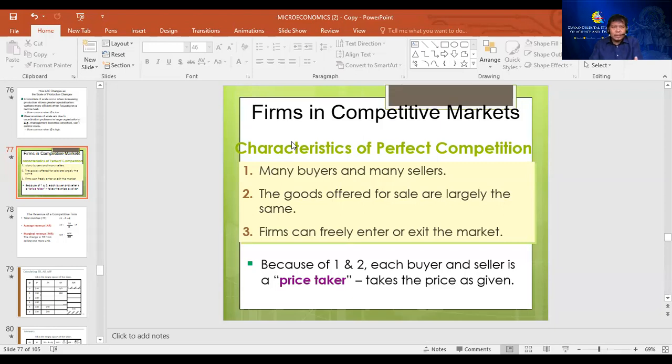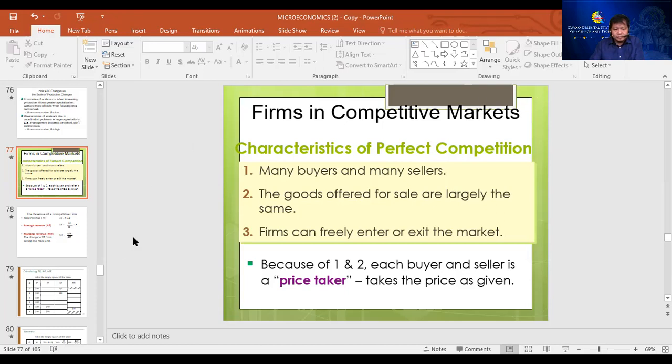We also made a distinction between the average total cost of the three enterprises, the small, the medium, and the large enterprise. And also we discussed the economies of scale. Today we're going to be continuing our discussion about firms in a competitive market.